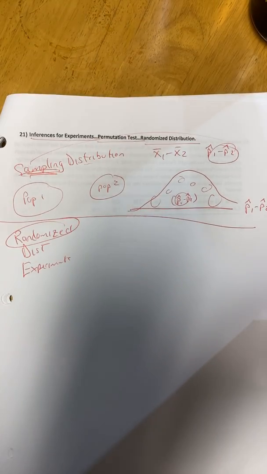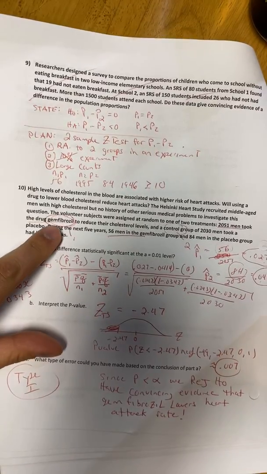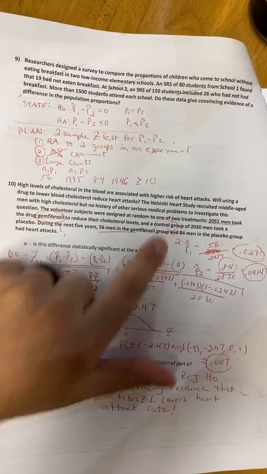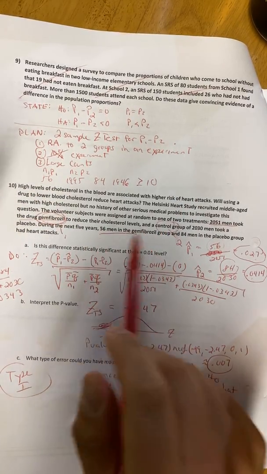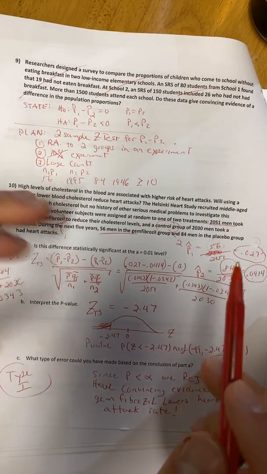So if you go back to number 10, let me go back to number 10, find it somewhere. The one with the drugs, gemfibrozil, the one I can't pronounce, and the control group. So we tested the claim to see if these drugs are, what were we looking for? Lowering the risk of heart attacks.